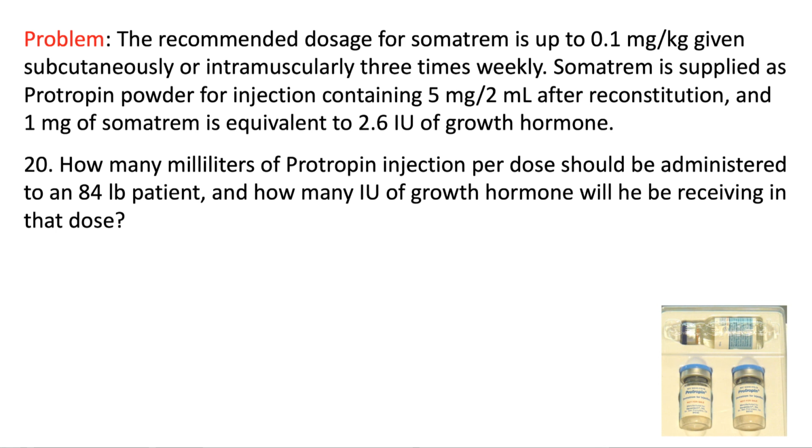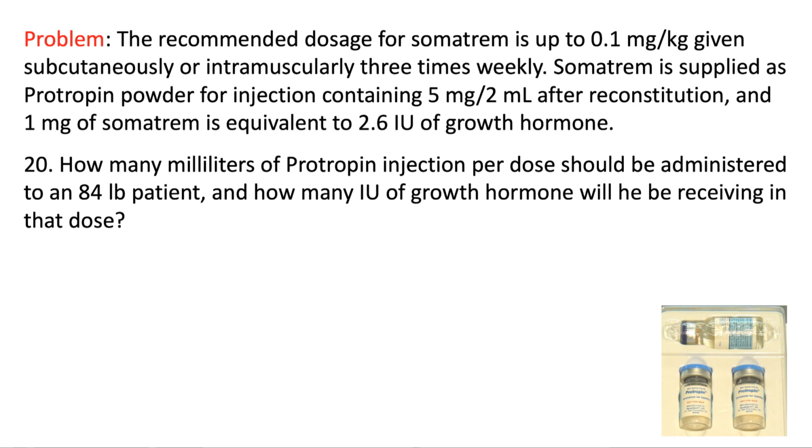And 1 milligram of Somatrem was equivalent to 2.6 international units of growth hormone. So remember, Somatrem was intended to provide an equivalent form of growth hormone. And in fact, 1 milligram of Somatrem provided activity-wise the same as 2.6 IUs of growth hormone. So a lot of background information there.